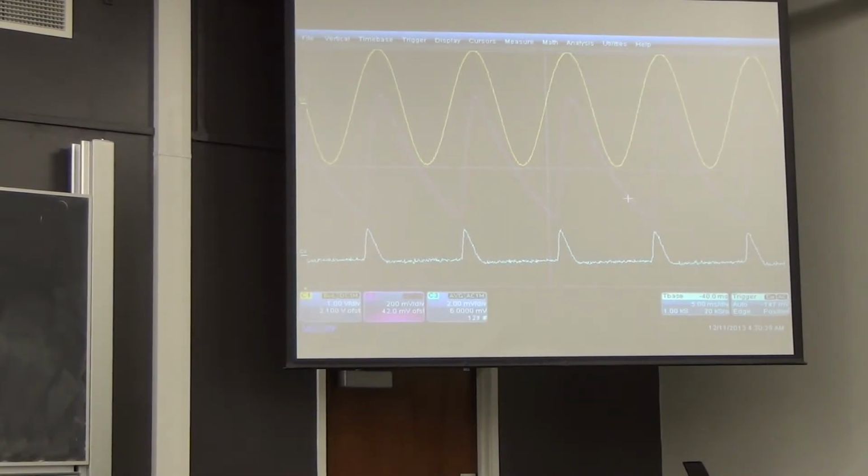If we start off at 100 Hertz, we've got a very exponential looking decay on the voltage waveform. And the current waveform now has a curious shape.